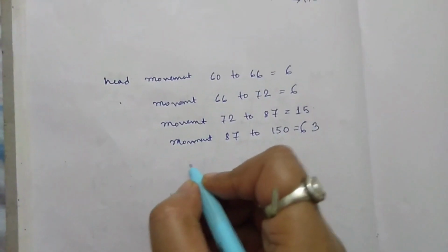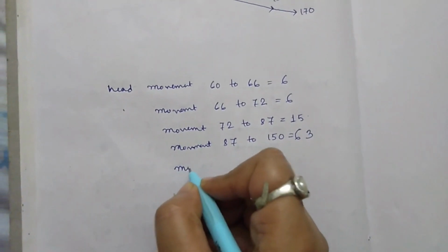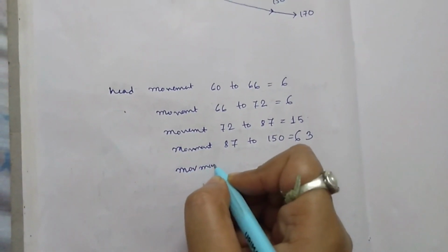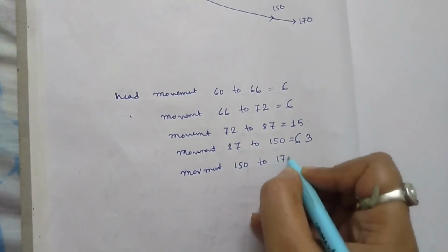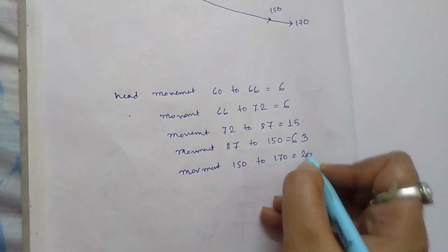Again we calculate the movement, that is 150 to 170, so the value is 20.